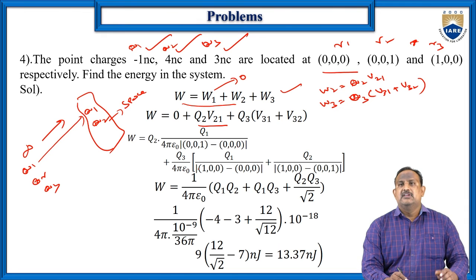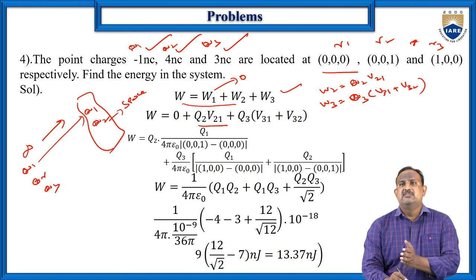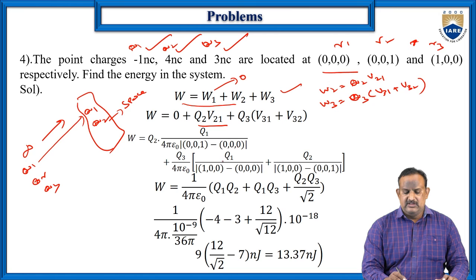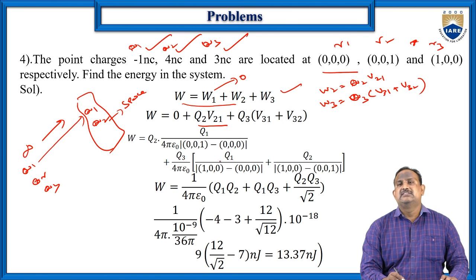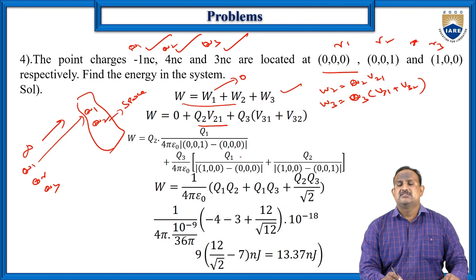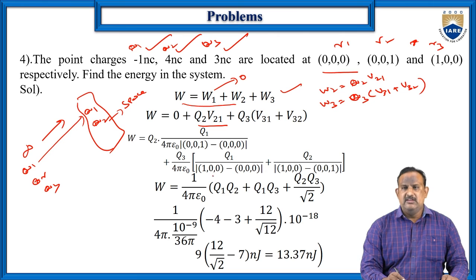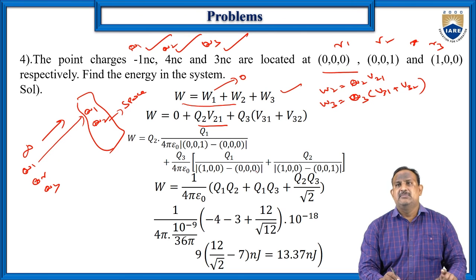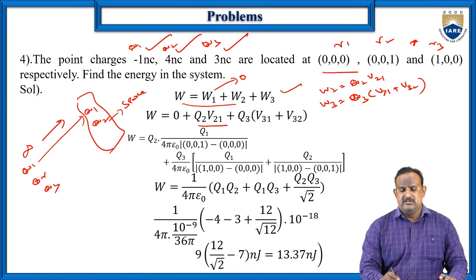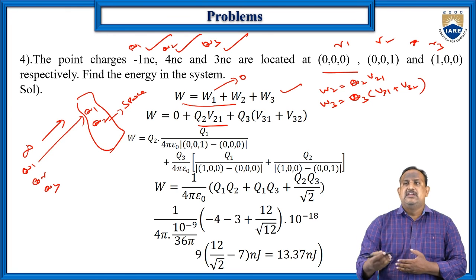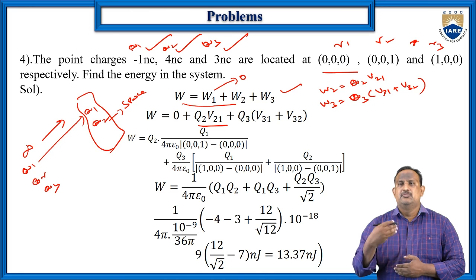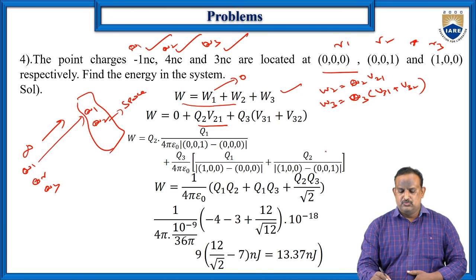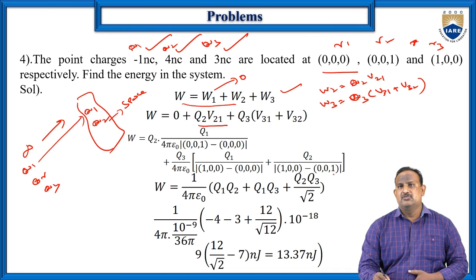Then Q3 into V31 plus V32. V31 is the potential at point 3 due to point charge Q1, so Q1 by (1, 0, 0) minus R1, which is (0, 0, 0). Plus V32, the potential at point 3 due to point charge Q2, so Q2 by (1, 0, 0) minus R2, which is (0, 0, 1).